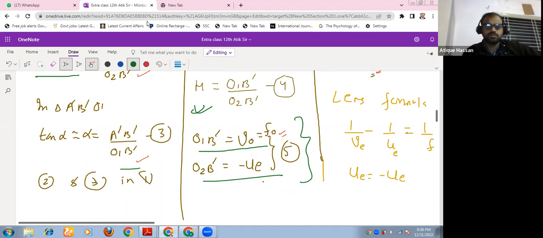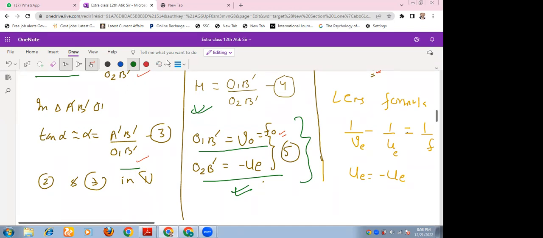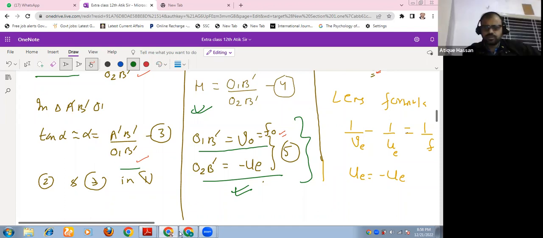We have taken O1 B dash is equal to V naught and O2 B dash as minus UE. So anyone having any doubt in this? No, sir. All right.